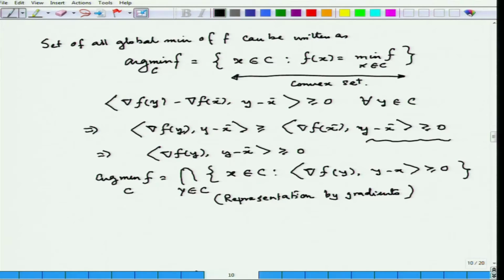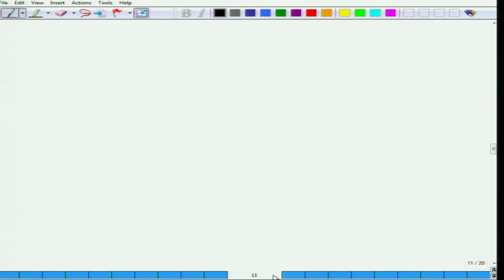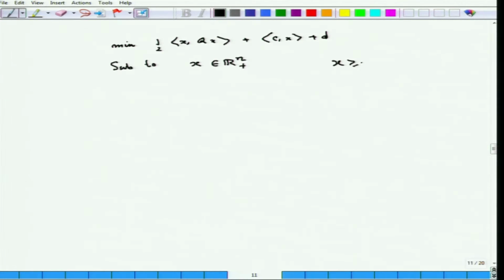Now, I will show you something interesting. I will try to employ what we have just learned, this optimality condition, in one particular case. Consider, and we will end today's lecture with this, minimize half x transpose Q x plus c transpose x. So, I am talking about a quadratic programming problem, where x in Rn plus means x is in the cone Rn plus, that is x is greater than or equal to 0.